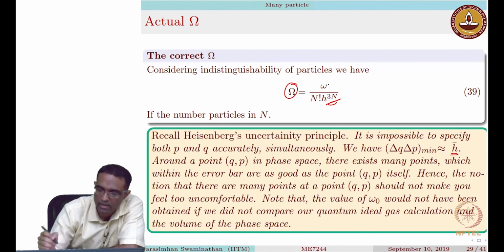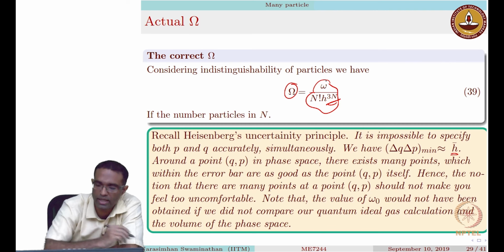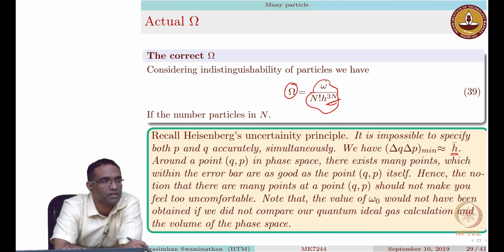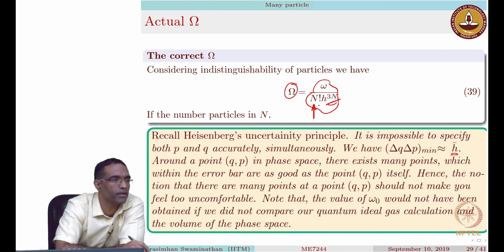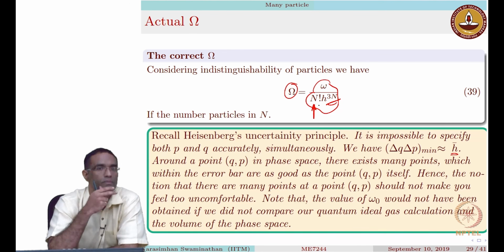So the quantum mechanical microstate is related like this, and you will have the h power 3n, and of course another factor, n factorial, to take care of the fact that the particles are indistinguishable.